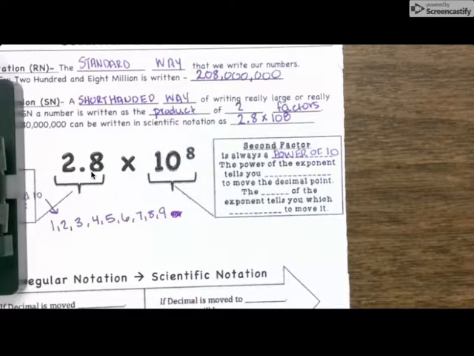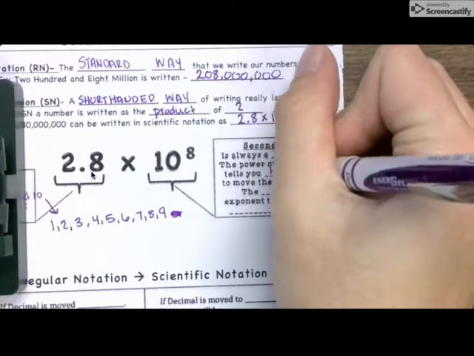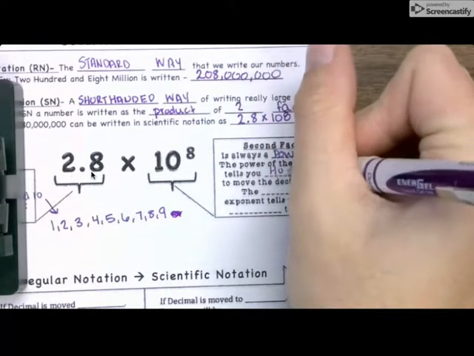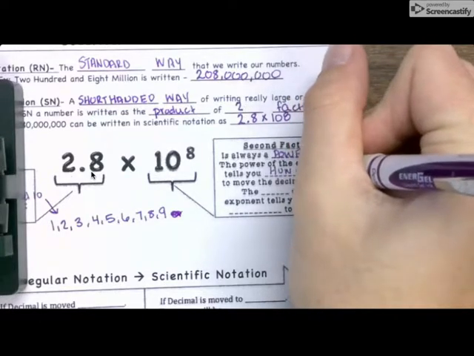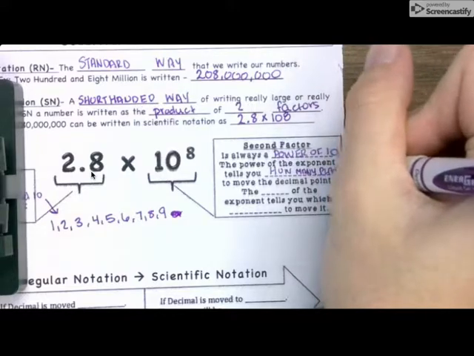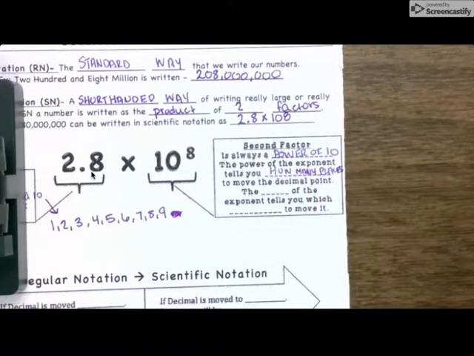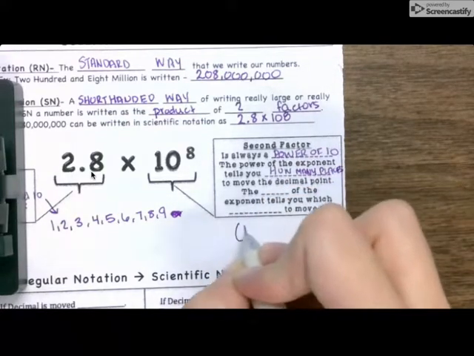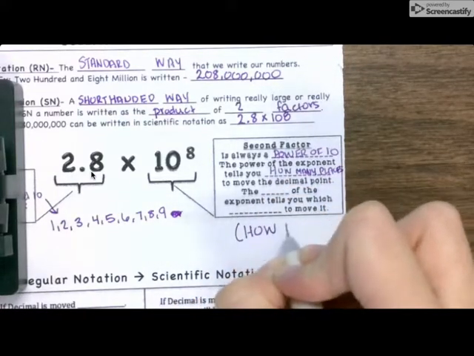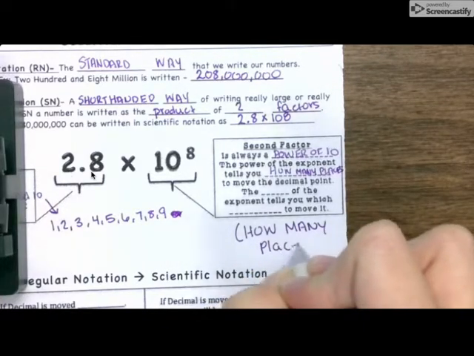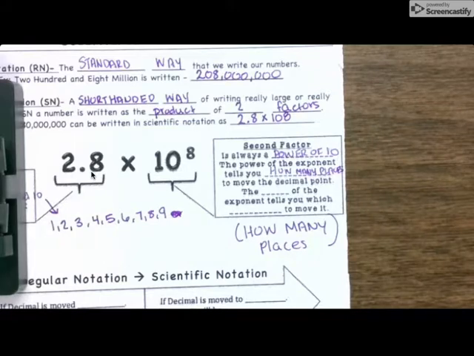The power of the exponent tells you how many places, and I know that is a heck of a lot going on here. How many places? And I'm going to write that down here so you can see it bigger. How many places to move the decimal point?